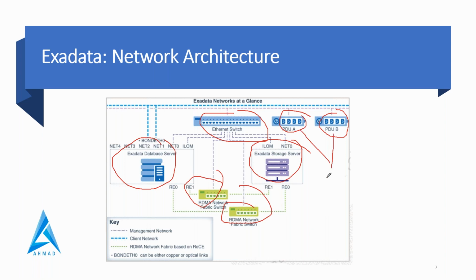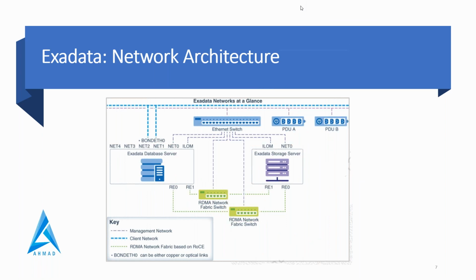These two are related to power, as I said. This is the Ethernet switch, and these two are the ROCE switches, you can say RDMA. This is one database server, and this is the Exadata storage server. So in the network architecture, you have these components.